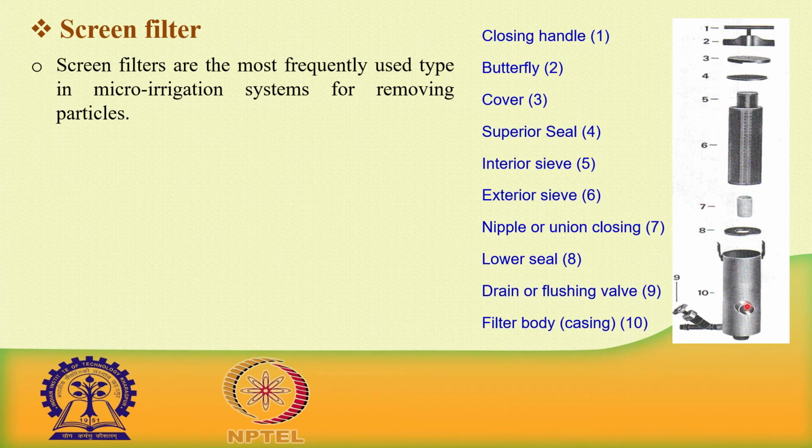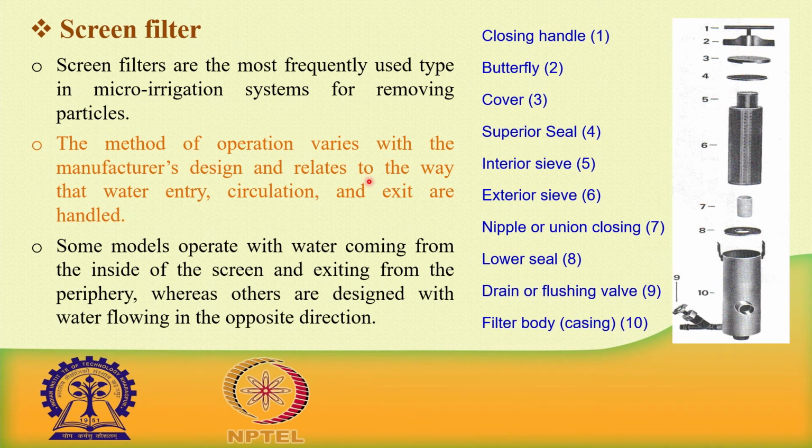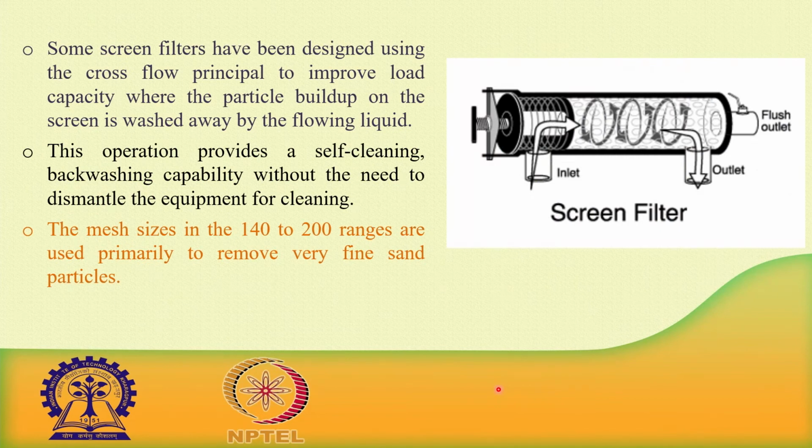Screen filters are the most frequently used system, particularly in micro irrigation systems, and there are different sizes of screens. Mesh sizes used vary from 60 mesh to 200 mesh, that is the normal range. You can see here this is also a screen filter.